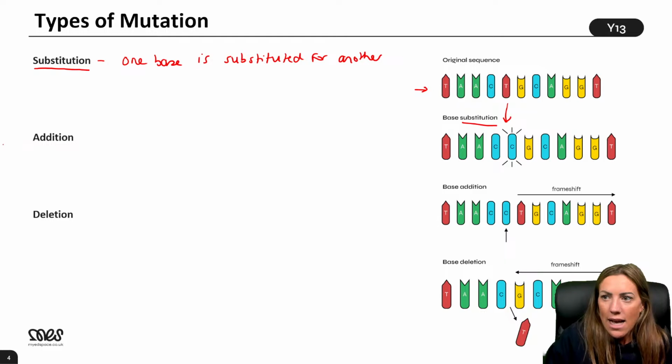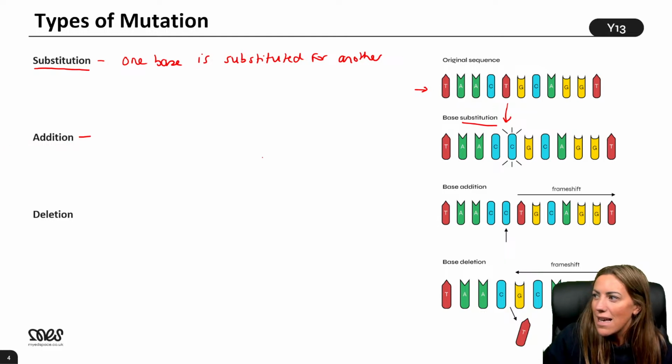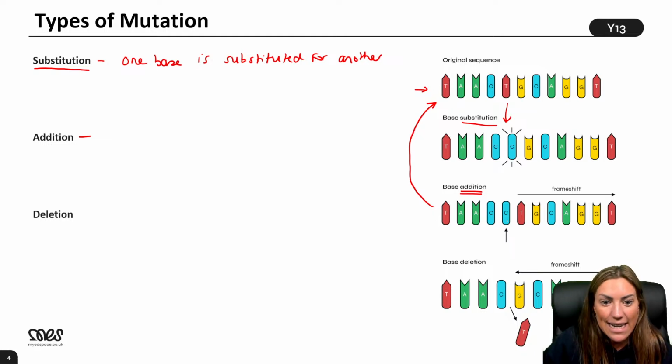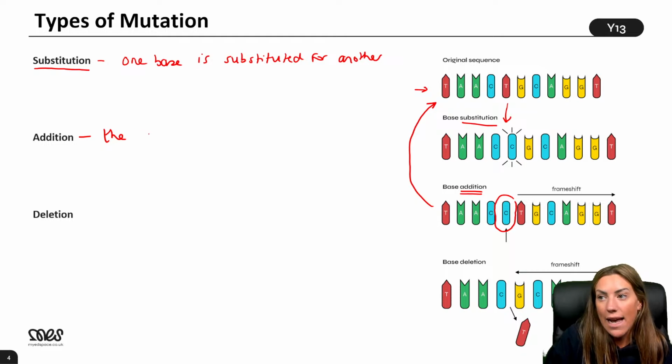Let's have a look at addition. Again, the name tells you what it is, but let's have a look at what's happened. If we compare our addition to the original base sequence, which is at the top, we've basically added in an extra nucleotide. So we've added in an extra base, an extra nucleotide with a cytosine base. And it might actually not just be one that's added in, there might be multiple bases added in.